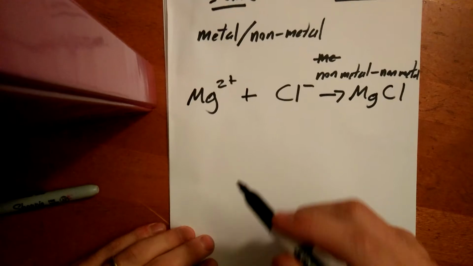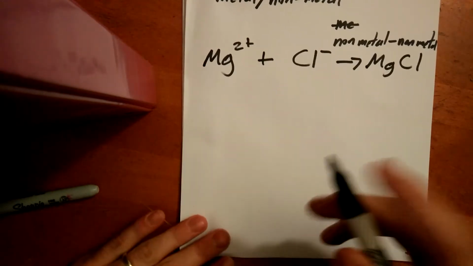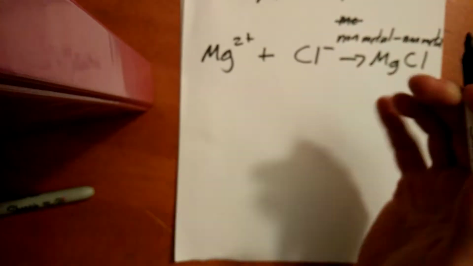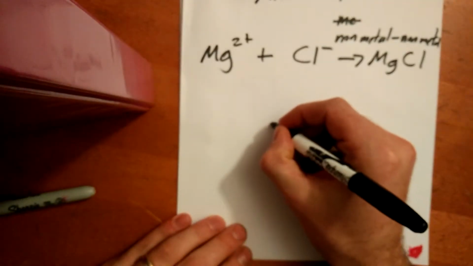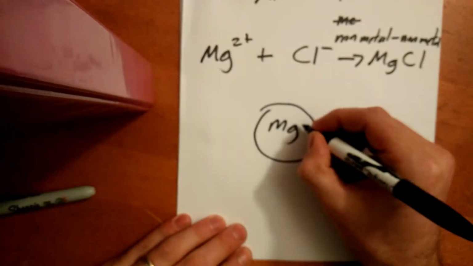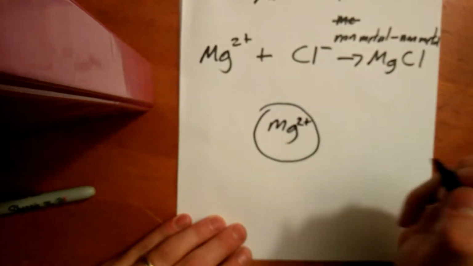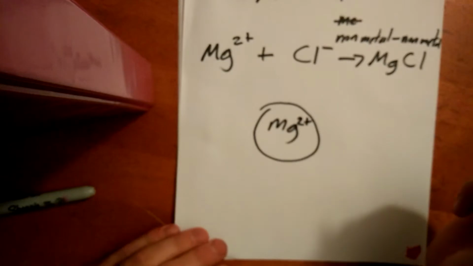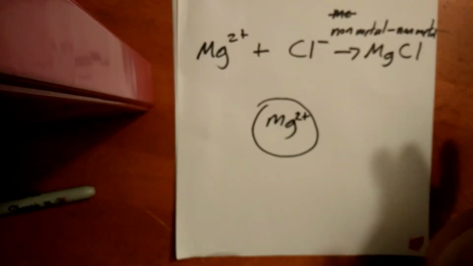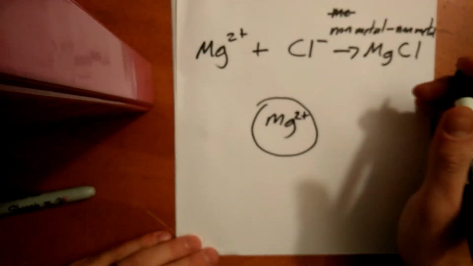How we can tell, and I'm going to show this first visually for all you visual people out there. Let's say I took this magnesium and tossed it into a container full of chlorine. So here's my magnesium just sitting with a plus two charge. Now, its whole goal in life is to get a neutral charge. So just no positive or negative. That's the goal of every atom out there.